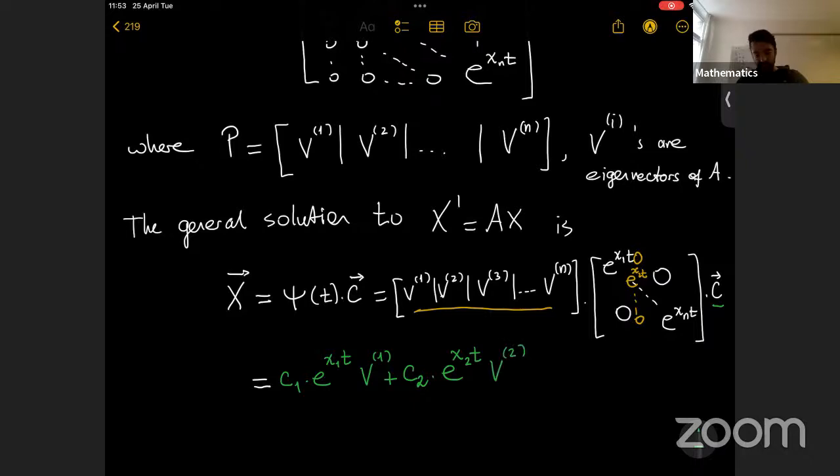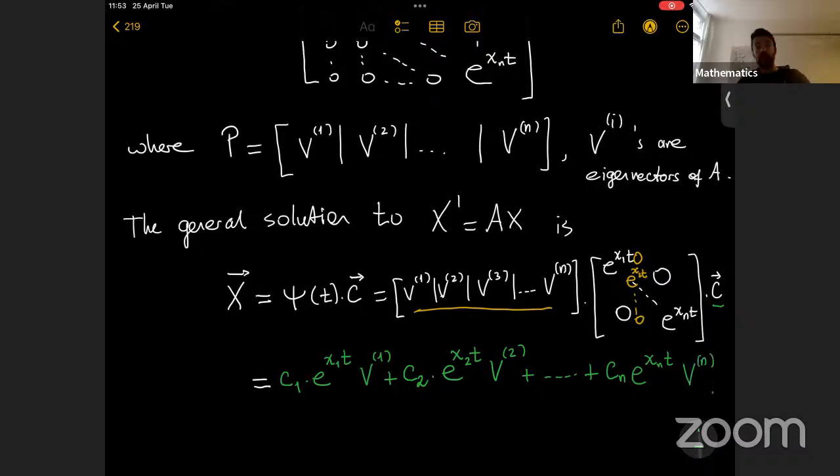And you continue this process. Finally, you end up with cn e to the lambda n t times vn.